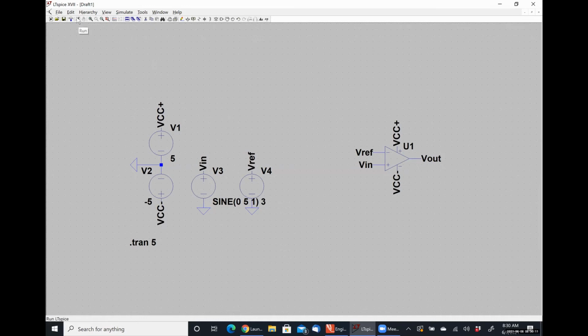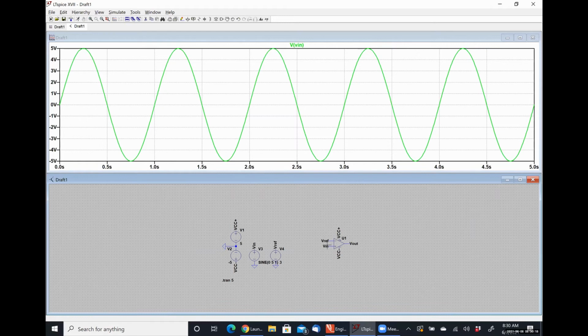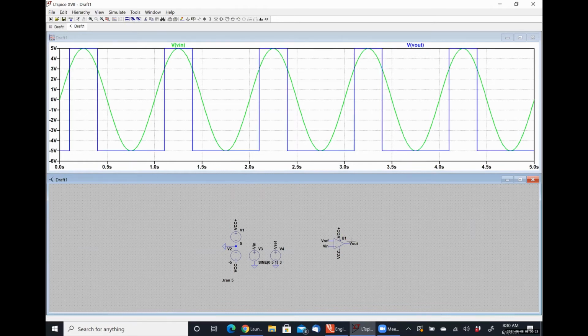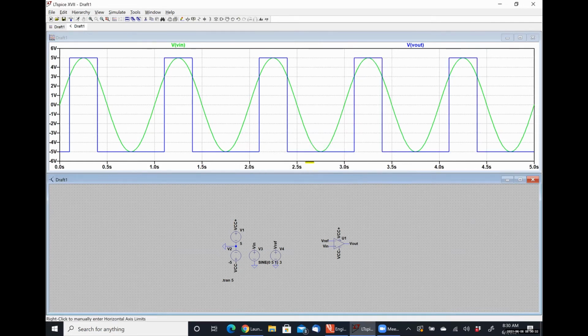So if I run my simulation, I'm going to plot my input voltage, which is again just my simple sinusoidal voltage, and my output voltage. I'm going to play with the limits here just real quick. So we can see that everywhere that my input voltage, which is the green curve, is above 3 volts, my output voltage is at digital high of 5 volts.